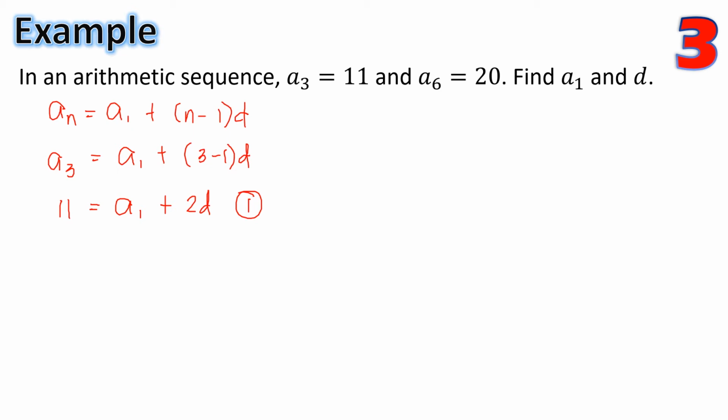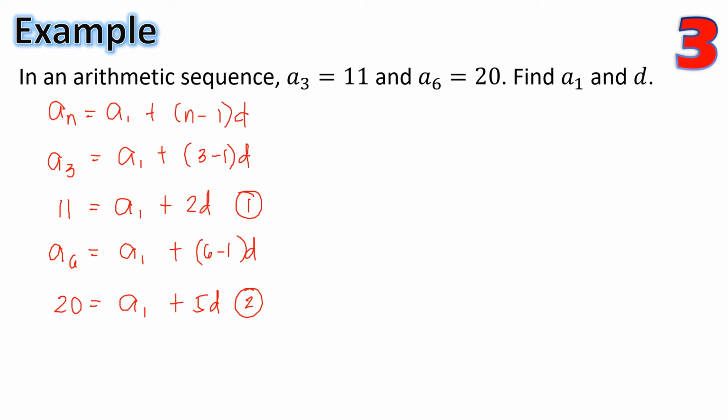Also, for a sub 6, we have a sub 1 plus, since n is 6, 6 minus 1 times d. And substituting a sub 6 equals 20, we have 20 is equal to a sub 1 plus 5d. Let us have this as our equation 2.